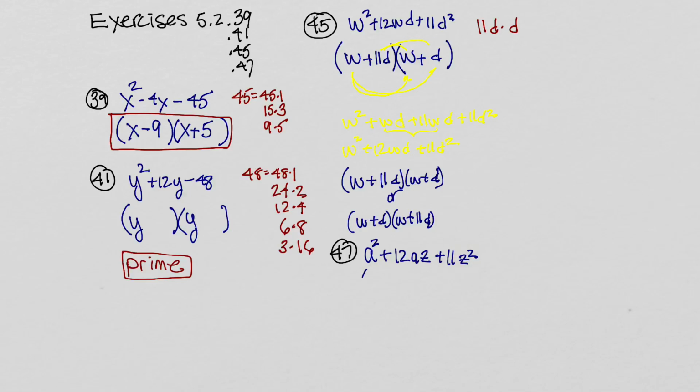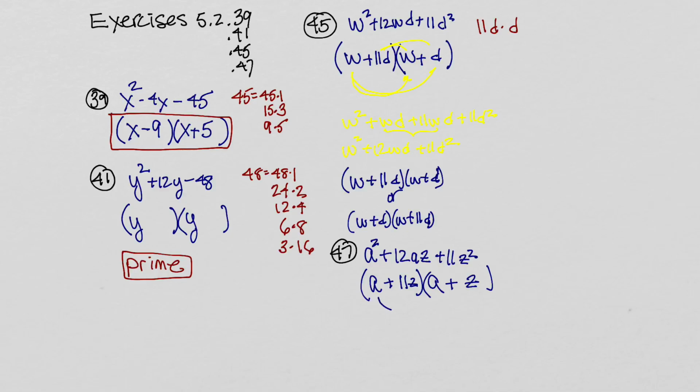We're going to have two sets of parentheses, and let's go with a and a. The factors of this 11 out here, 11 and 1, but we've got to carry that z along. So how about 11z and 1z? 11's positive, so they're going to have the same sign. It's going to be that middle plus sign. So we're going to have a plus 11z, a plus z.